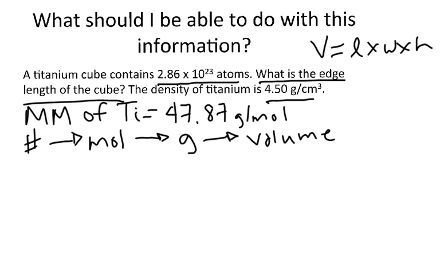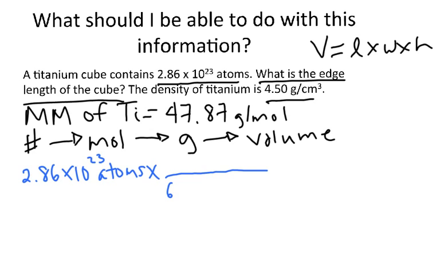So we have 2.86 times 10 to the 23 atoms. So we need to use Avogadro's number. So for every 6.022 times 10 to the 23 atoms, and I should be writing atoms of Ti. This tablet doesn't allow me a lot of room. I'm going to start writing them now, but sorry about that.